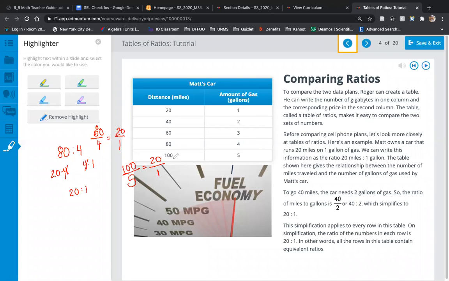So all of these, 100 to 5, 80 to 4, 60 to 3, are equal to that same ratio because all we're doing is scaling it upwards. We're going to see some more examples like this later on.